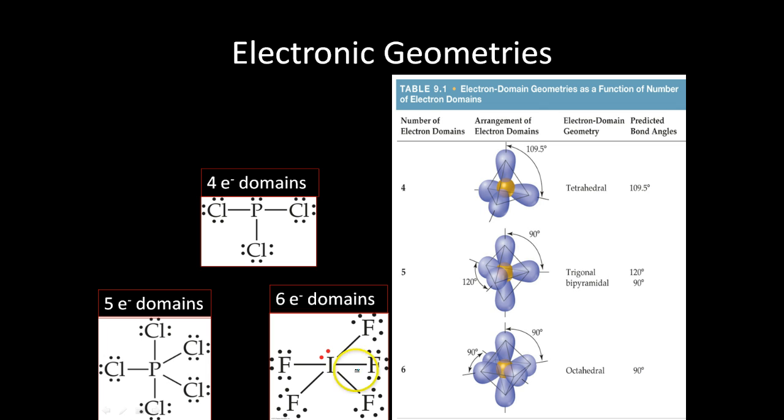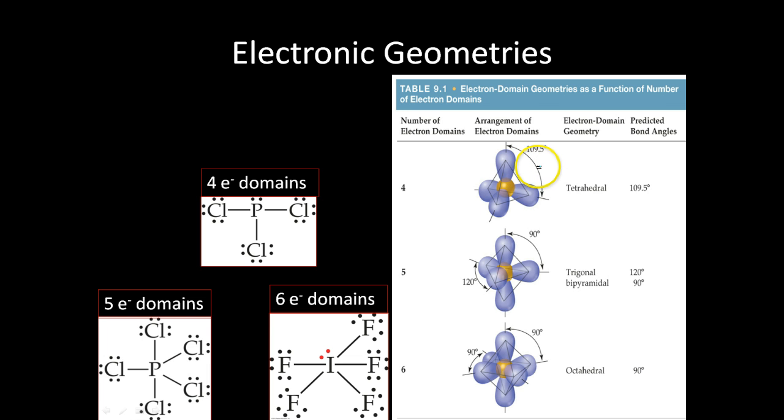Again, going to that table in your textbook, if you have 4 electron domains, they're not 4 in a plane anymore. Now the way to get as far apart as possible is you move out of that plane, start going into 3 dimensions. And this is the shape that will be formed when these electron domains are getting as far apart as possible.